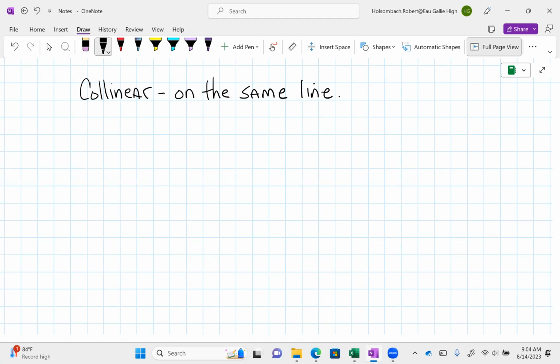Collinear means on the same line. If 5 points are collinear, those 5 points are all on the same line. And if collinear means on the same line, then non-collinear means, there you go, not on the same line.